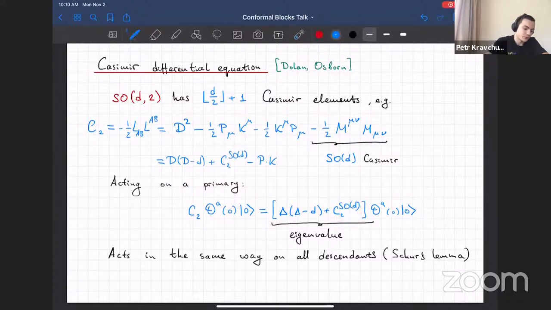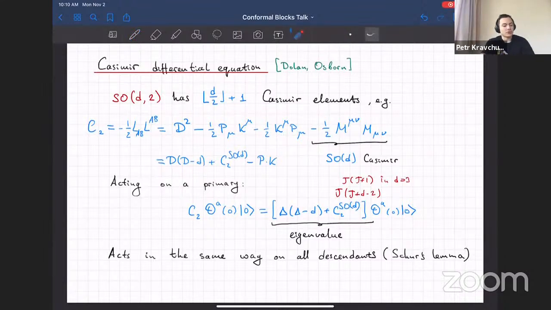For example, for traceless symmetric tensors, it's given by j times j plus d minus 2. So for example, in 3D, this is j times j plus 1. And this is the familiar formula for the eigenvalue of j squared in 3 dimensions.